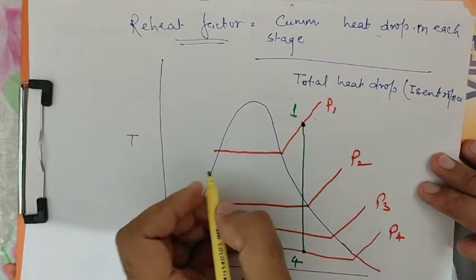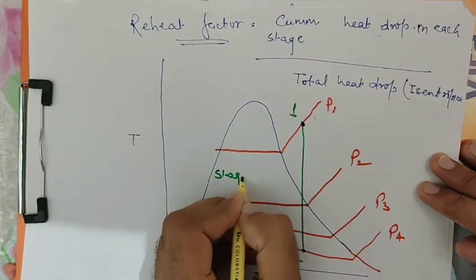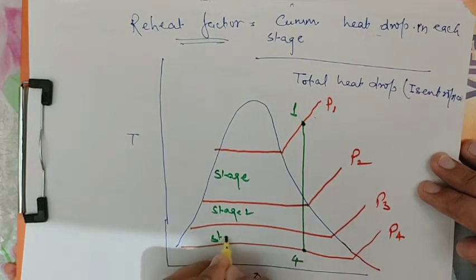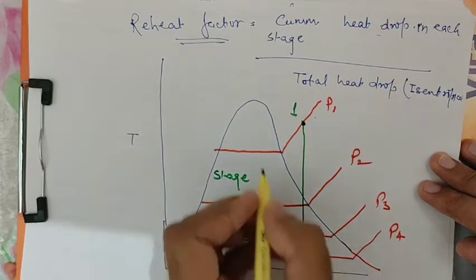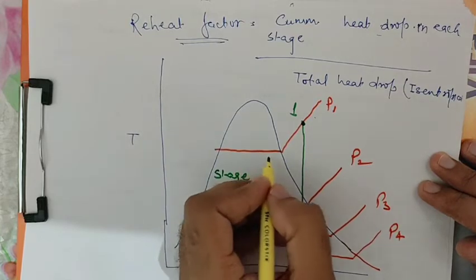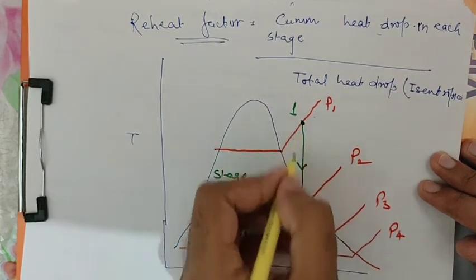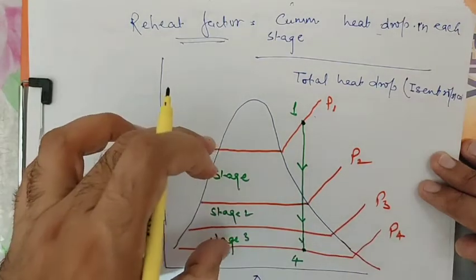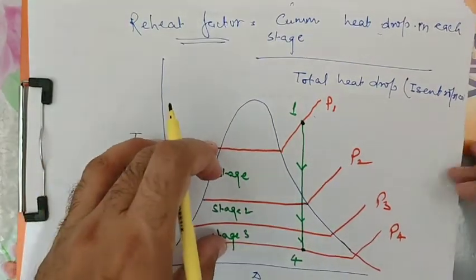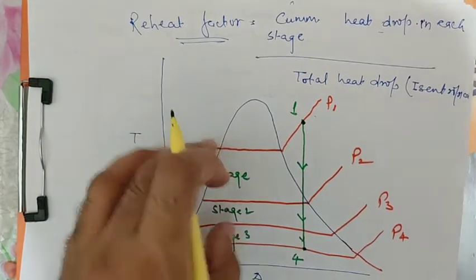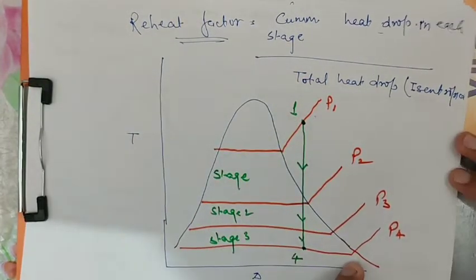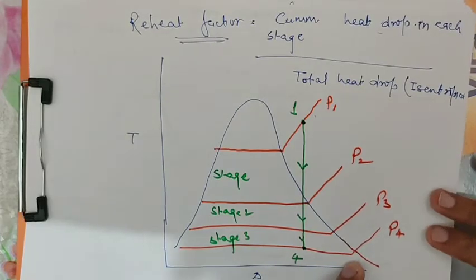But if we consider stages, let it be stage 1, stage 2, stage 3. This is the isentropic drop taking these stages as one, the turbine working between P1 and P4. Now if we take a stage, what will happen?